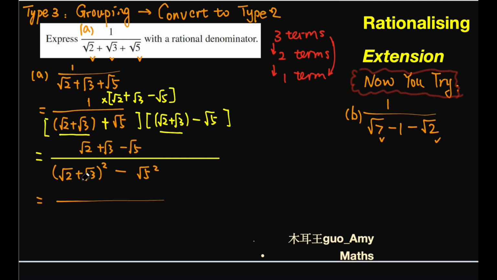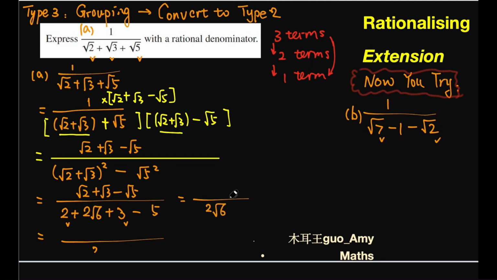Root 2 plus root 3 all squared, we can simplify this one to get 2 plus 2 times root 2 and root 3, which will be 2 root 6, then plus root 3 squared, we will have 3. Now root 5 squared is just 5. Keep the denominator. We have integers 2 plus 3, then minus 5, and they cancel out. The denominator now is equal to 2 root 6, and keep the numerator.